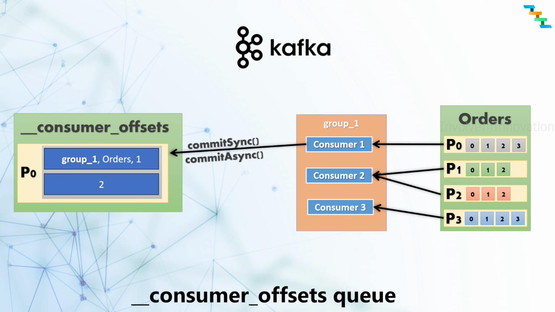When a consumer restarts or joins a consumer group, it needs to determine the correct offset from which to start consuming messages. It uses the seek method along with the seekToEnd or seekToBeginning methods to fetch the offsets from the consumer offsets topic based on the group ID, topic and partition.